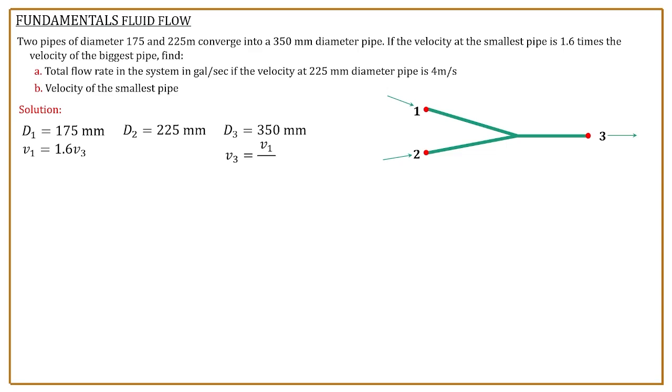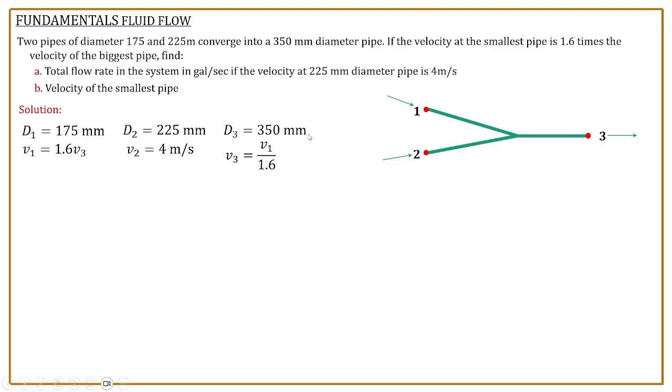For V3, we can represent that as V1 over 1.6. Huwag kayo ma-confuse. Ang ginawa lang natin, dinivide lang natin both sides by 1.6 para maiwan tong V3.